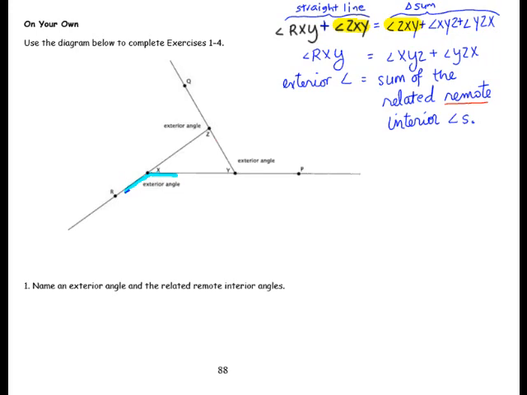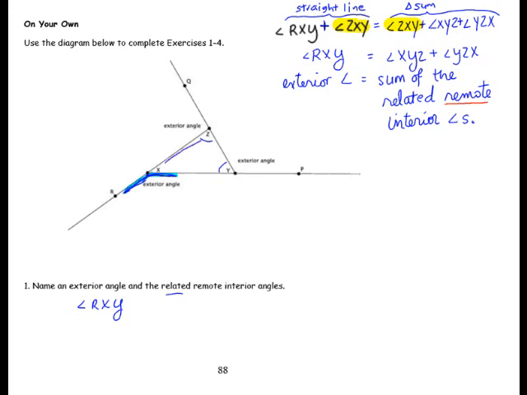Let's take a look at number 1. Name an exterior angle and the related remote interior angles. All right, so we've got our first one, we've already written it down, and that is angle RXY. Okay, so that's this angle right here, RXY. And remember, the vertex is the middle letter. The related remote interior angles are the interior angles that are farthest away from this. So that would be these two angles.